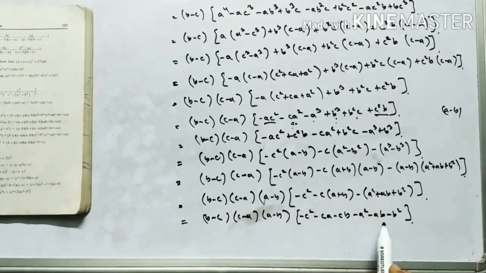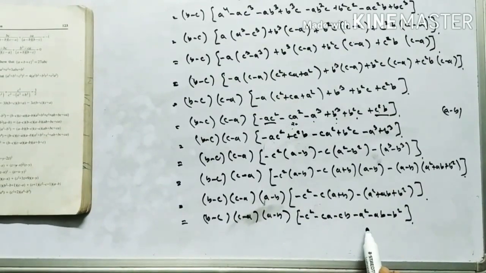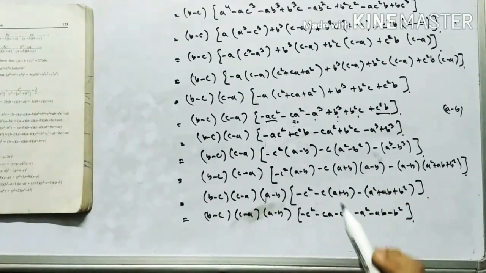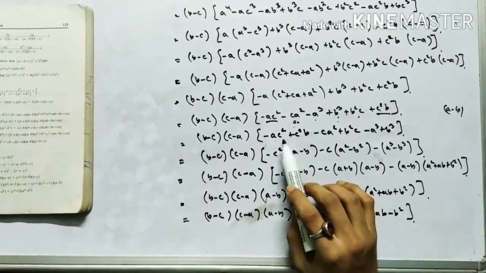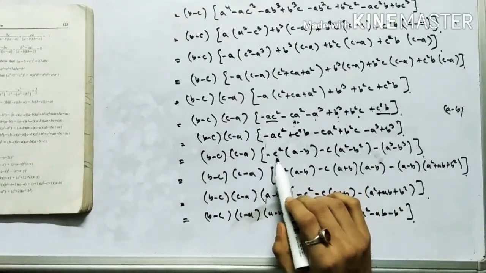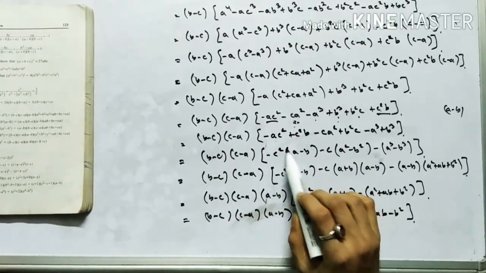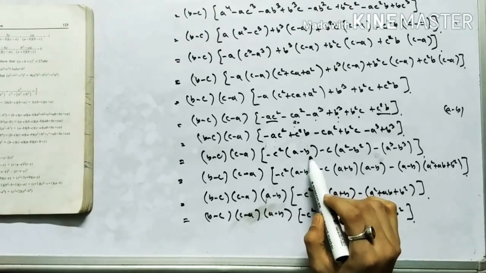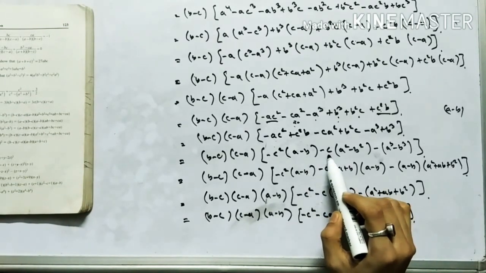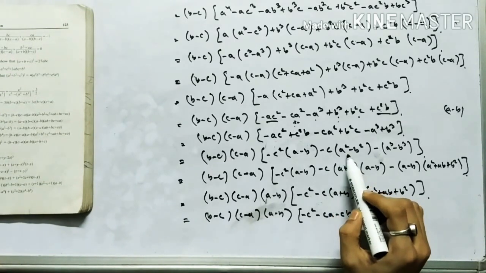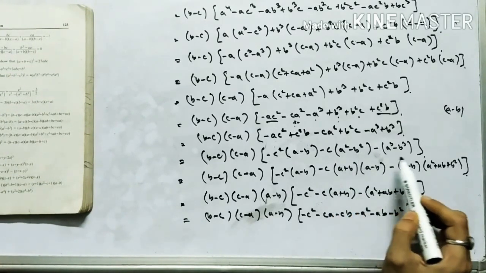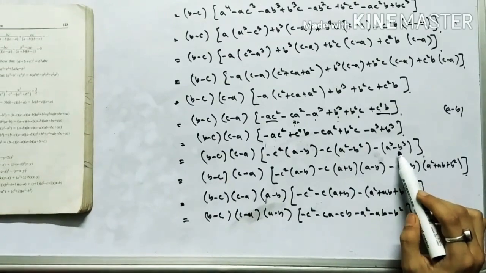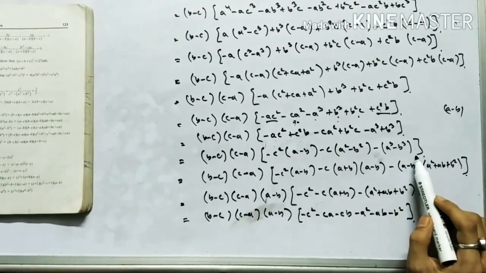Okay, c minus a. This is minus c, if I take common, this becomes a minus b. A minus b, minus c if I take common, this one a square minus b square and minus a cube minus b cube.